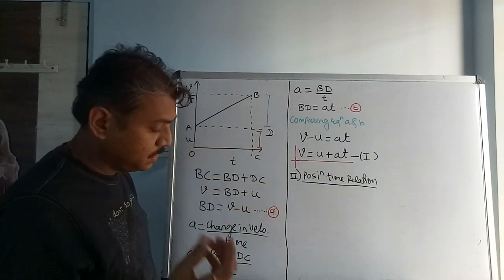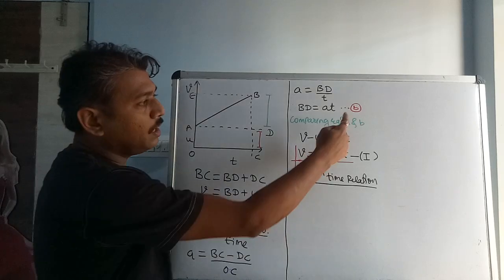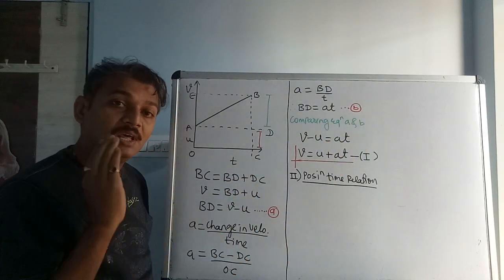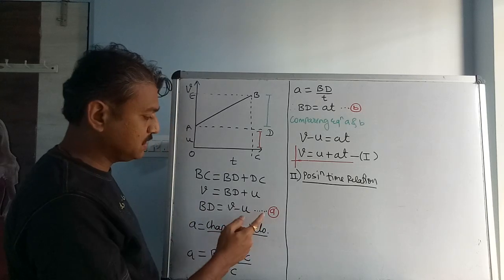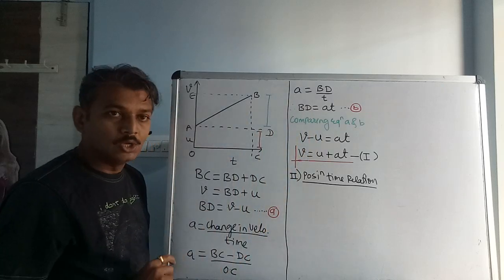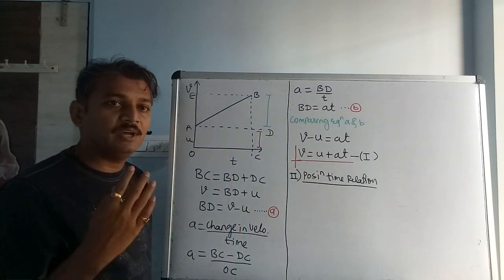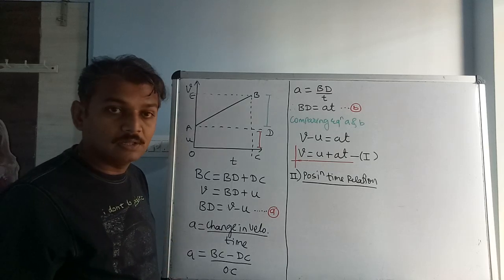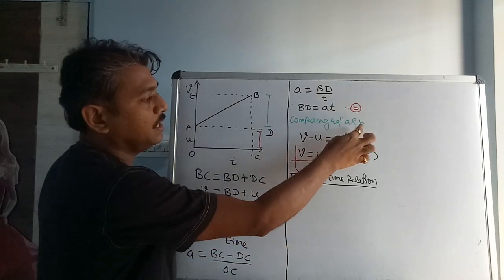Now if you see small a and small b, these two equations are having left hand side similar. You can see here left hand side BD, here also you can see left hand side BD. So if in two equations left hand side is equal, their right hand sides are also equal. That's why we are comparing equation a and b.